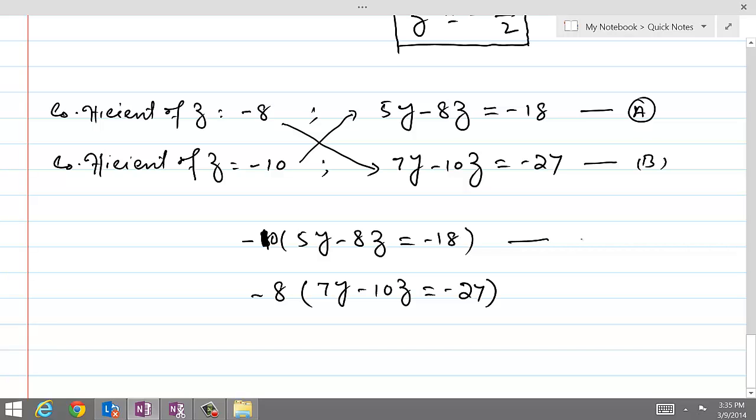So that is still equation A, and this is B.